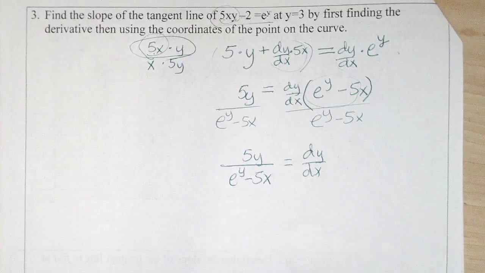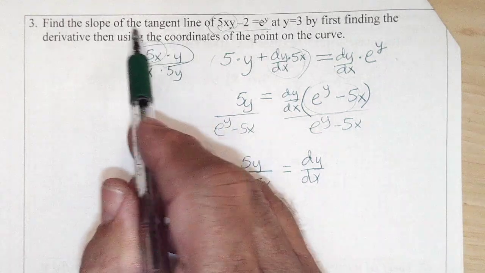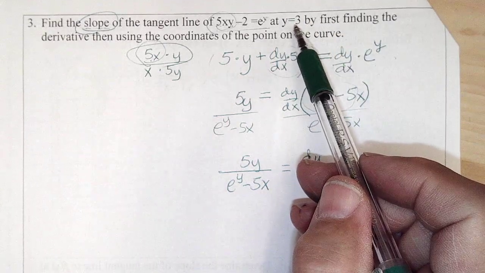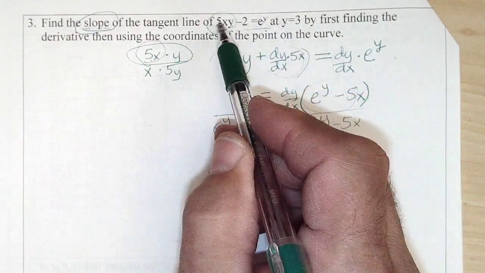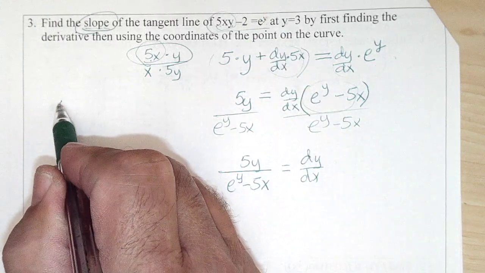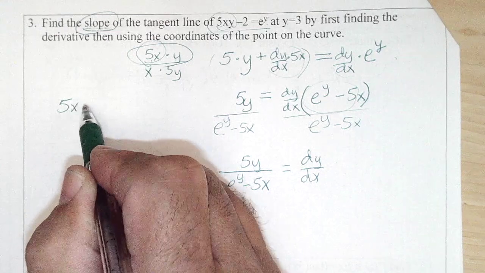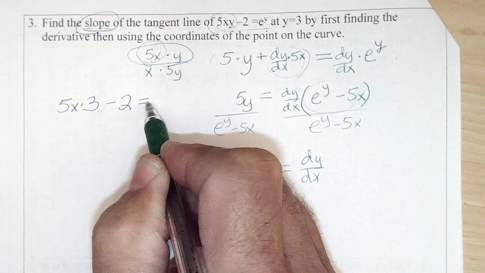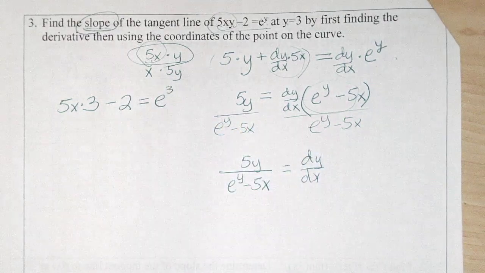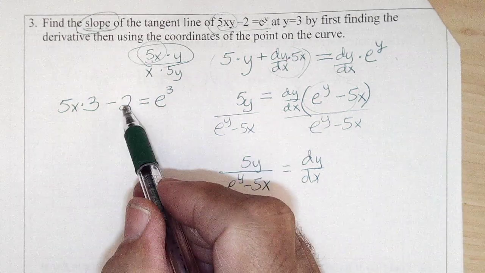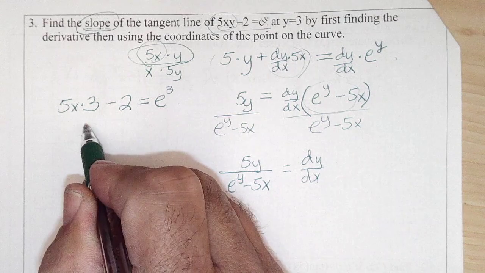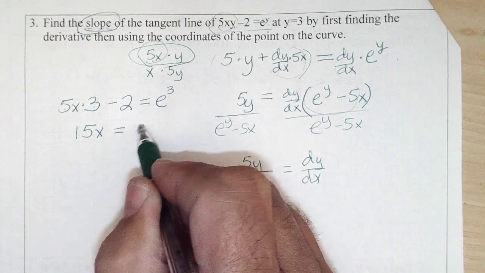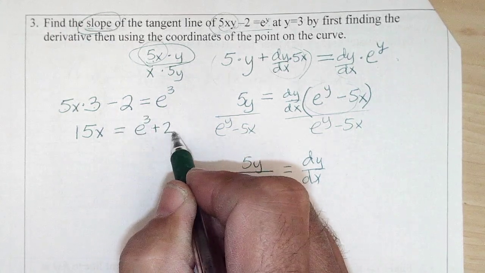Now we just got to figure out how to plug in the point that we're finding the slope at. So we got to put the y equals 3 into the original equation. So we're going to have 5x times 3 minus 2 equals e to the third. To solve for x, I would add 2. 5x times 3 is 15x equals e to the third plus 2.